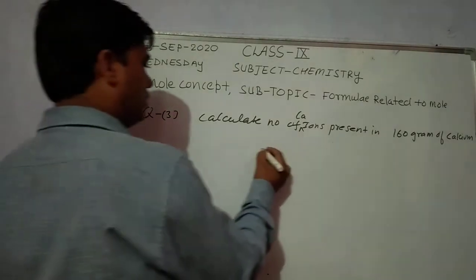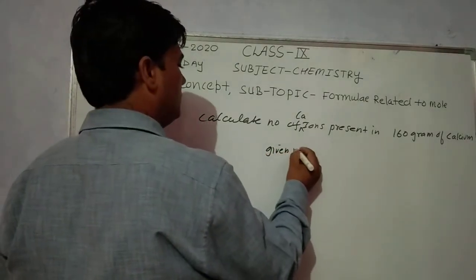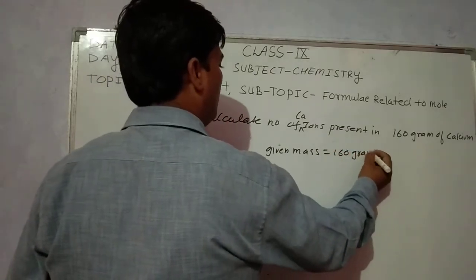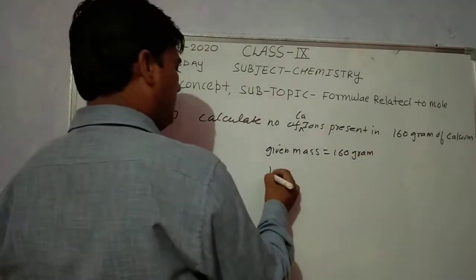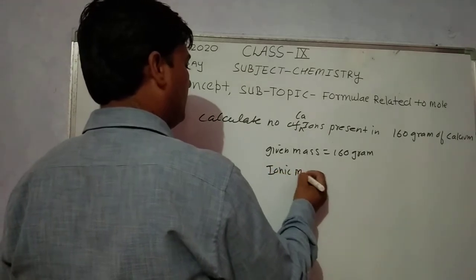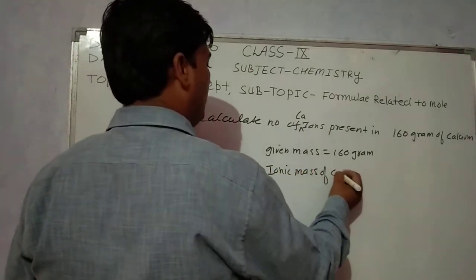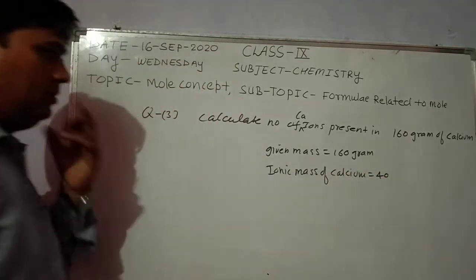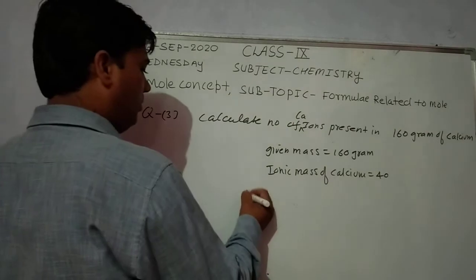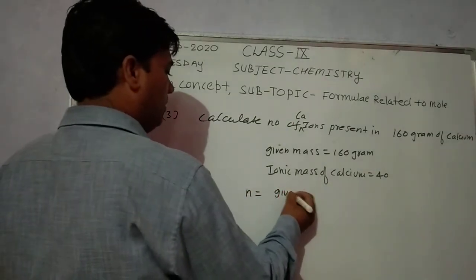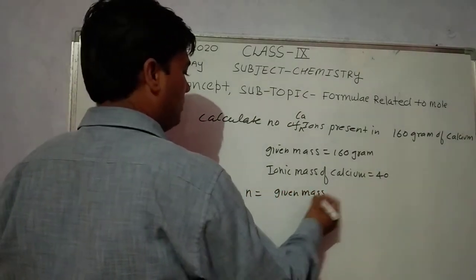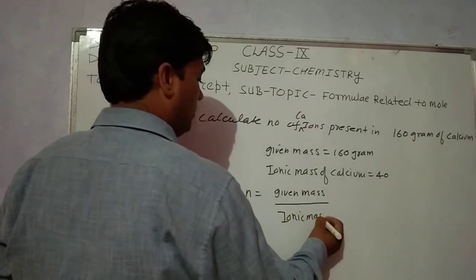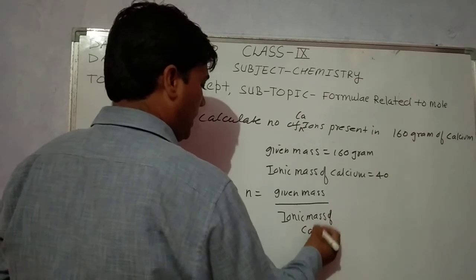Okay, so given mass is equal to 160 gram and ionic mass of calcium is 40. Okay, so number of moles is equal to given mass divided by ionic mass of calcium.